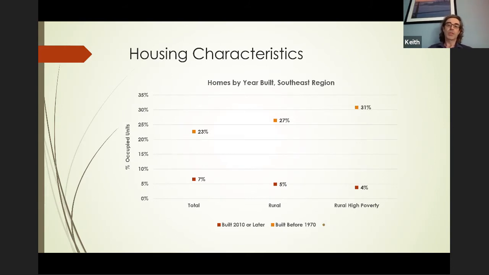But if you look at the percentage of housing stock built before 1970, it's 31% of the rural high poverty tracts compared to 23% overall and 27% for rural in general. This reflects the lack of investment, the lack of building, and the lack of activity in these regions, which you might expect, but I think it's still an important thing to think about.